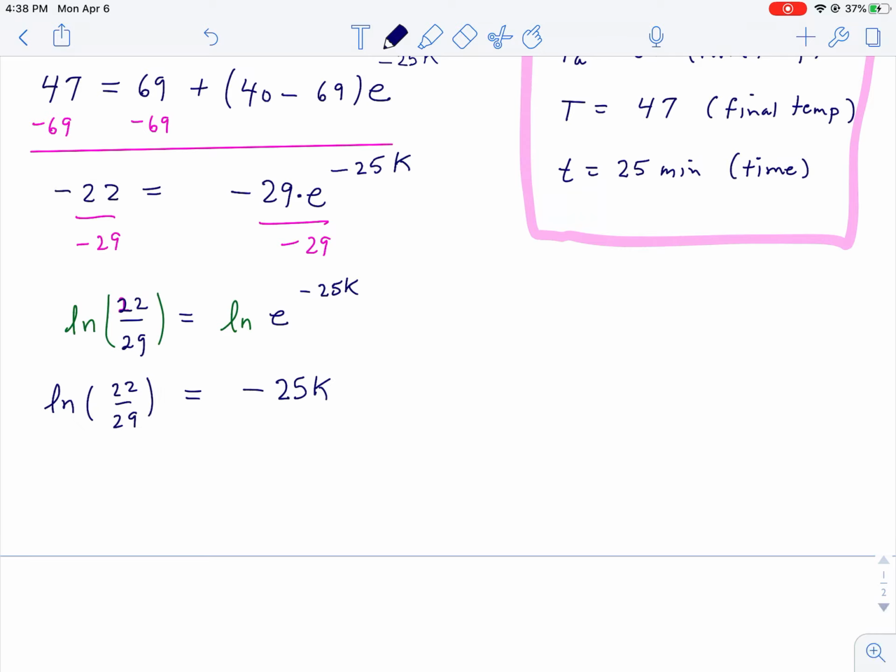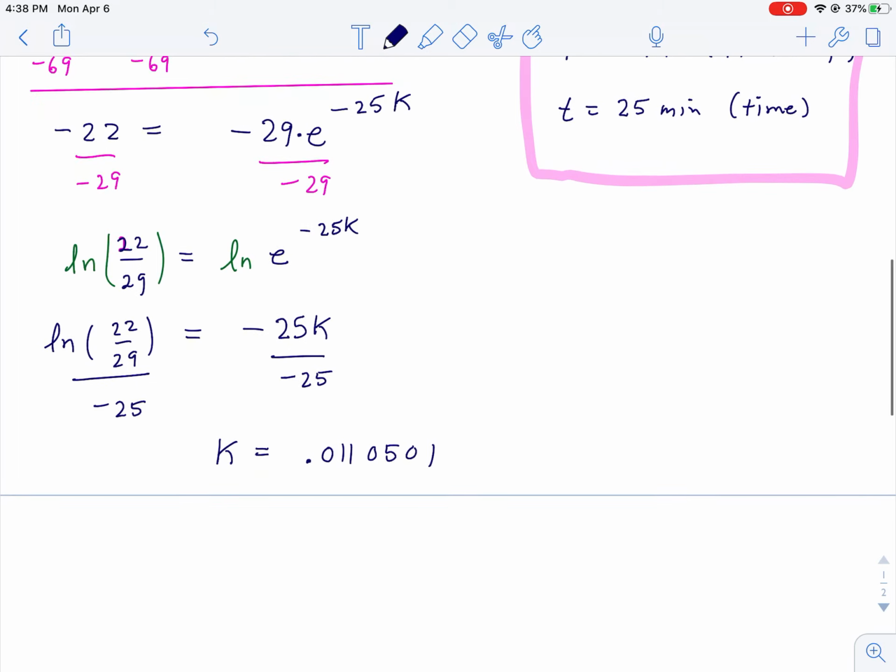I'm just going to leave it there towards the very end. And then last step, that's multiplication, so we'll divide both sides by negative 25. And if we do that, of course, on the right, we get k. And on the left, for k, we're going to get about 0.0110501.